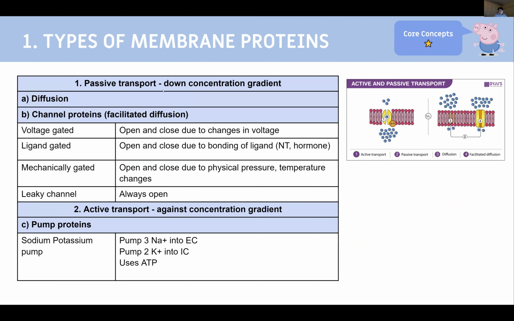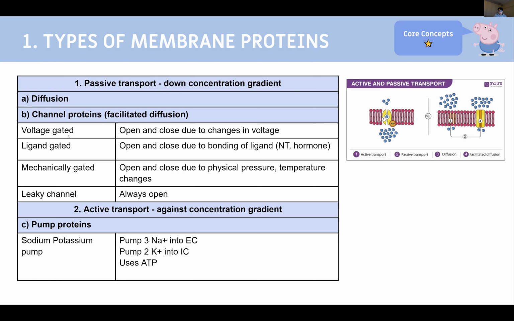So we have passive transport. This doesn't involve energy, and it involves molecules diffusing down their concentration gradient. We have normal diffusion, which is through the plasma membrane, but ions need channel proteins, also called facilitated diffusion.